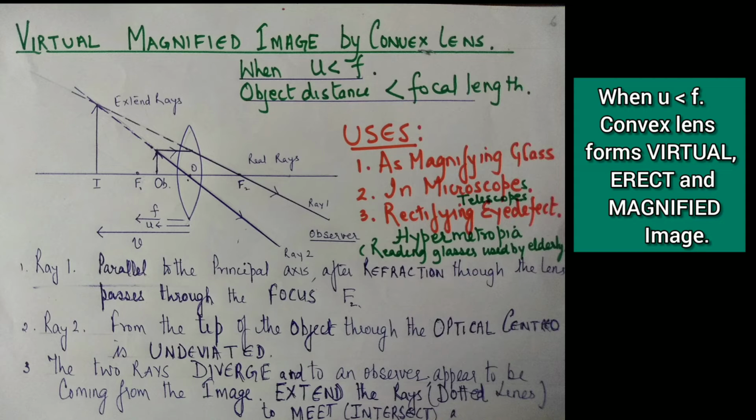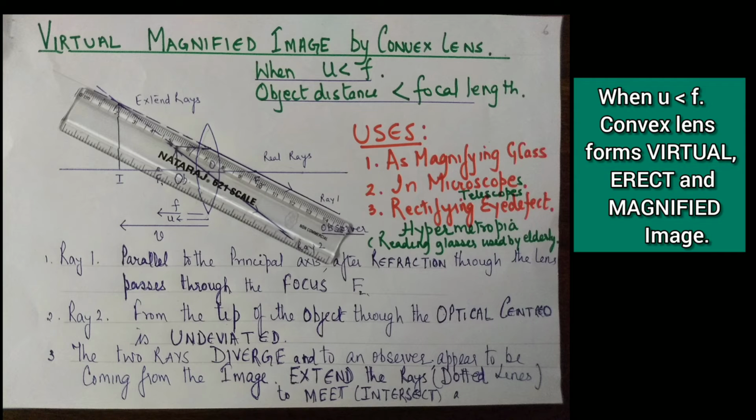Now, the diagram is easy to make. You keep the object within the focal length and mark these points very, very carefully. They should be exact. F on both sides, F1, F2, etc. Keep a scale. A ray parallel passes through F on the other side, and then a ray from the tip to the optical center goes undeviated.